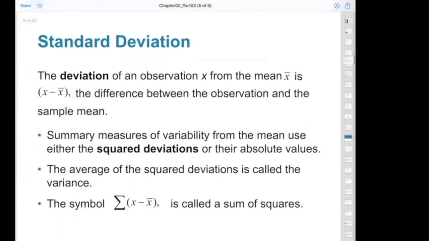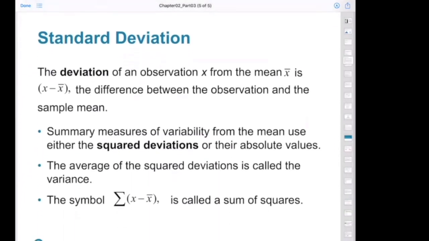So this doesn't solve the problem, because I need to have a number, right? 0 is not a useful number. 0 means nothing, okay? So to solve this problem, we have to square the deviations.